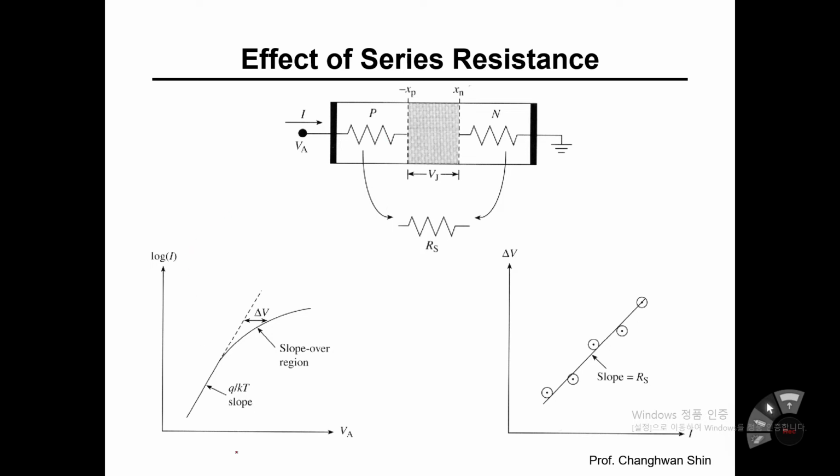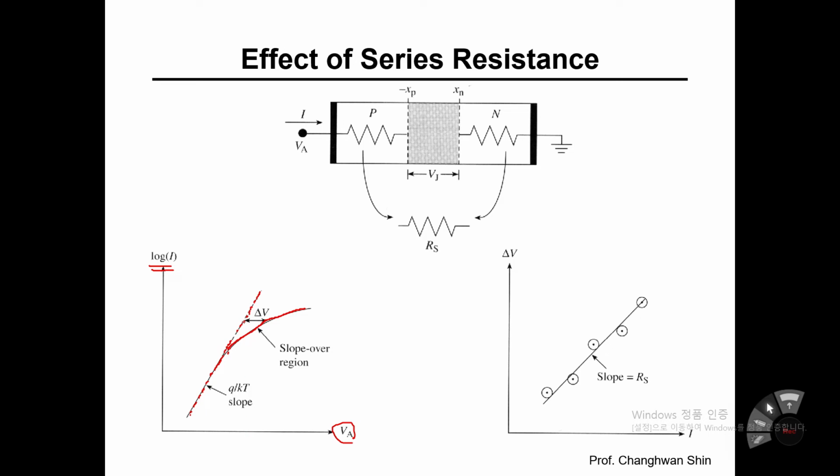On the left hand side, you can see the applied voltage on the x-axis and the measured current in logarithmic scale on the y-axis. If this diode is really ideal, then this dotted line would be expected. However, in reality, the measured IV curve becomes less steep at high forward bias.